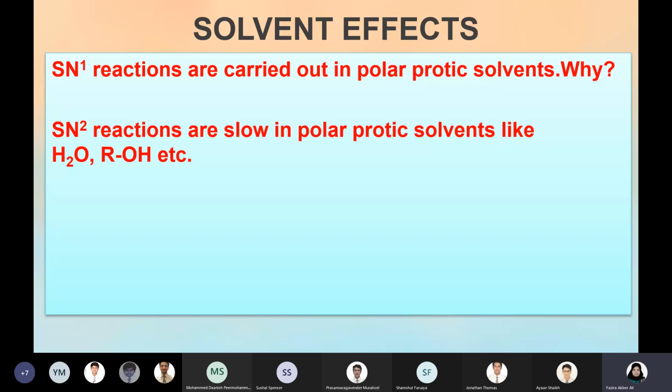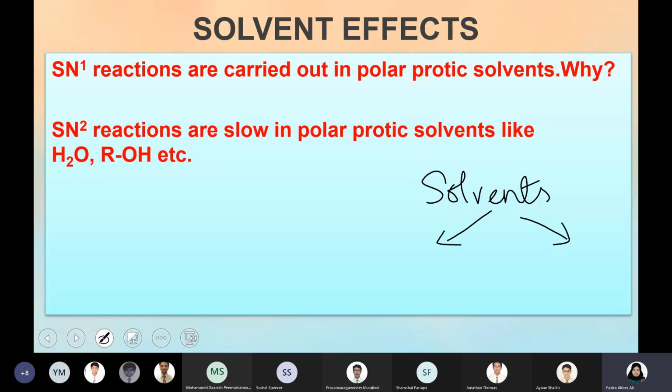So what do you mean by polar protic solvents? I hope you know what a solvent is, right? So what is protic? Solvents are of two different types. There are different ways of classifying them. One way of classifying them is based on the hydrogen. So there are protic and aprotic solvents.